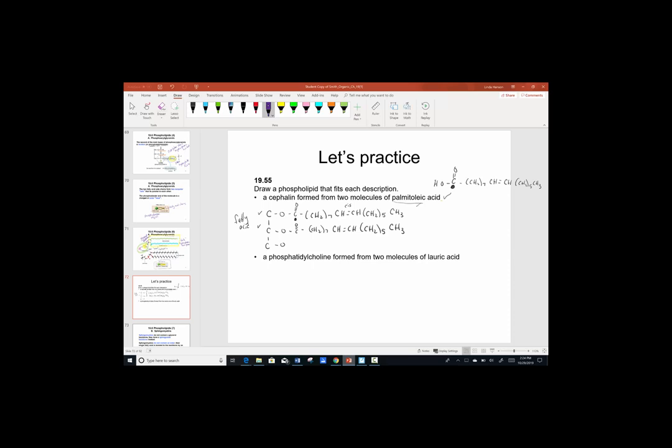So position 1 and 2 are indeed the positions of the 2 fatty acids we looked up, palmitoleic acid. And then, of course, to make it a cephalin, we know that it now has a phosphodiester linkage. So the P replaces the carbon. And down below here, I'm running out of room, so I'm just going to come to the bottom. I know that that oxygen is charged with a negative charge.